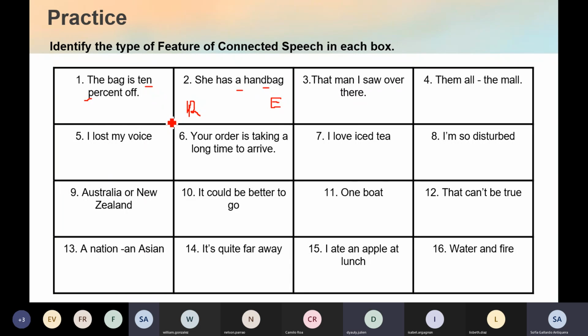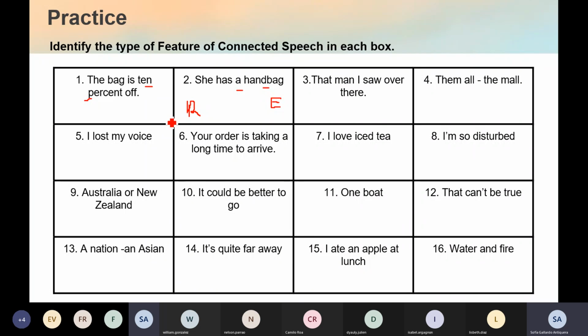We use linking R when the word has an R, a letter R in the spelling. Do you see an R in the spelling here? We do not. We do not have a linking R. But Elysian was correct, and you are right. I need you to try, so it's great.